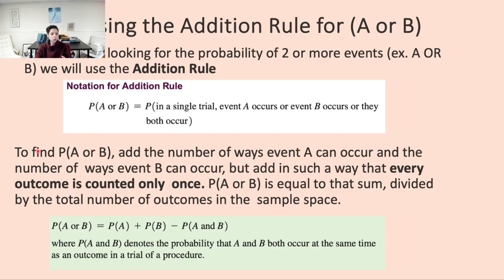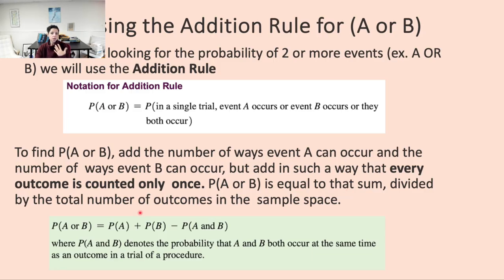And it's very important that to find the probability of A or B, we have to add the number of ways that A can occur, and then add to that the number of ways B can occur. But we have to add it in a way that every outcome is only counted once. Okay? And so P(A or B) is equal to that sum divided by the total number of outcomes in the sample space.